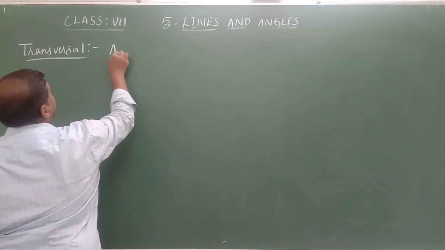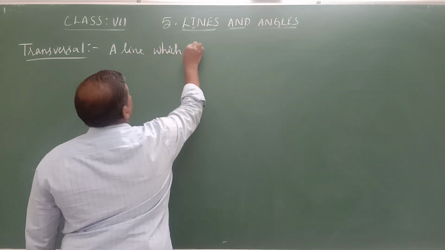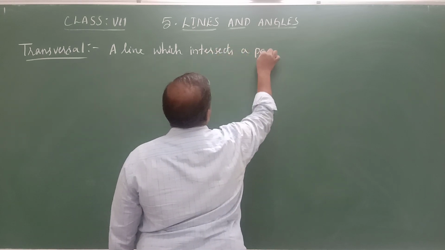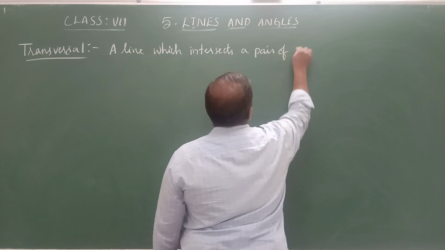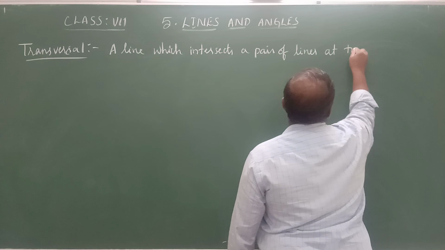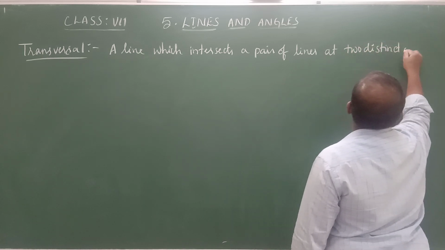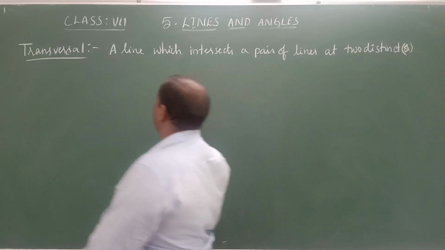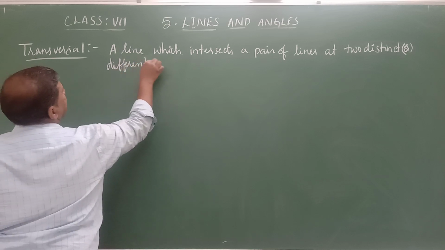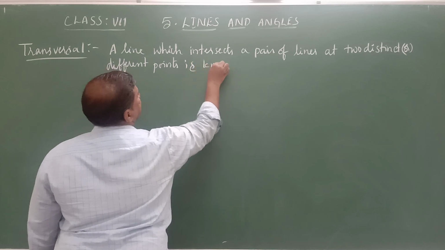A line which intersects a pair of lines at two distinct or different points is known as a transversal.